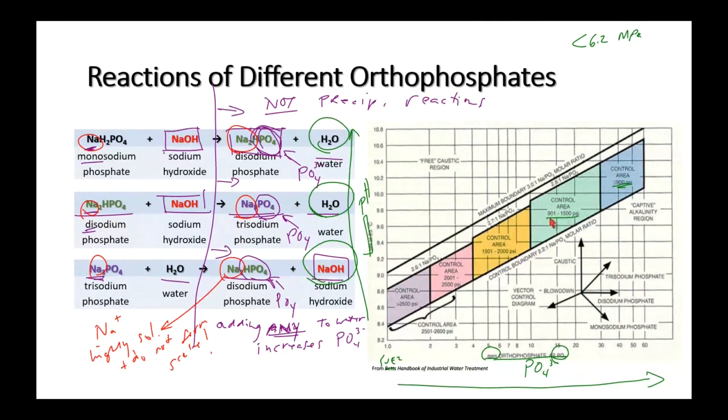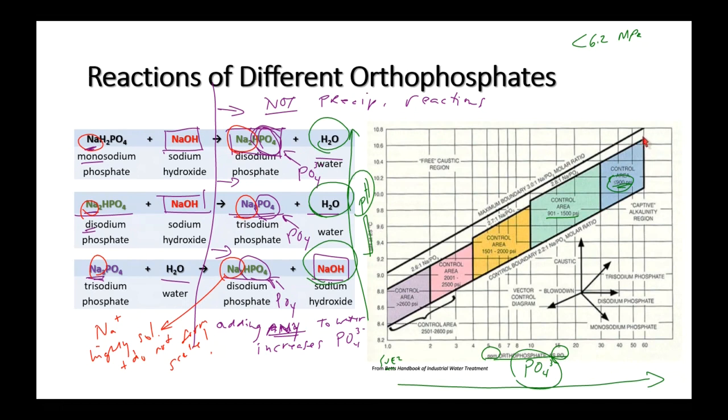This one is 6.2 megapascals to higher and higher pressures. What we have here is a series of, what do you call that geometric shape, rhombuses, rhombi, and these rhombi show a control area for pH and for phosphate given a boiler operating pressure.